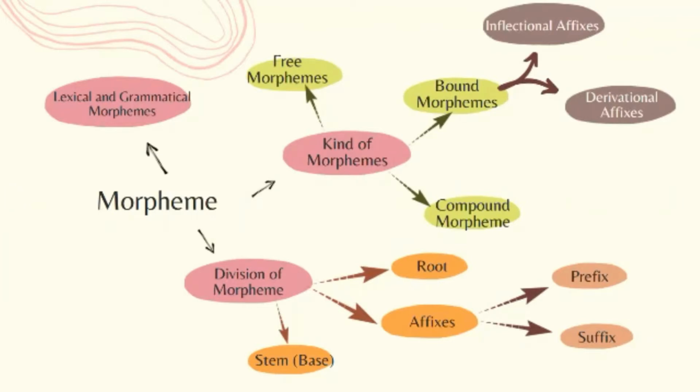In this discussion, we will not discuss compound morphemes, but we only discuss free morphemes and bound morphemes. And bound morphemes themselves have two parts: inflectional affixes and derivational affixes. Morphemes have some divisions too. What are they? They are root, affixes, and also stem, or we call it base. Affixes are divided into two parts, so they are prefix and also suffix.